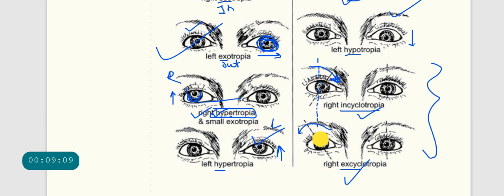This is incyclotropia. If the eye is deviated outwards, this is excyclotropia, and this is the normal axis. Simple. So that was all about the topic. Now we'll start with the squint test.